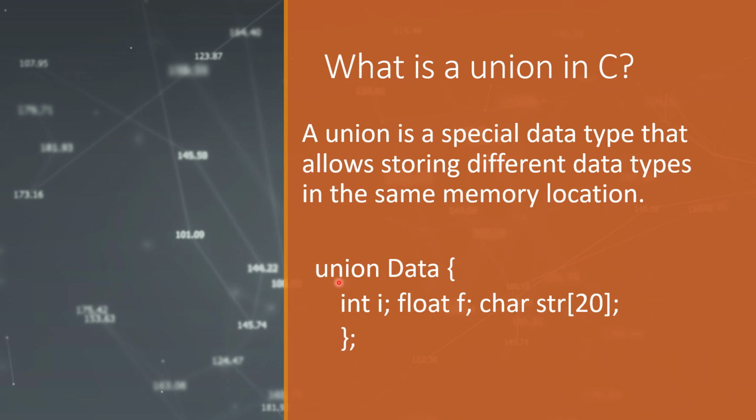So when we declare union data, that data will be allocated memory for integer i, float f, and character string 20. So integer type, float type, string type, all of them will be allocated the same memory location.